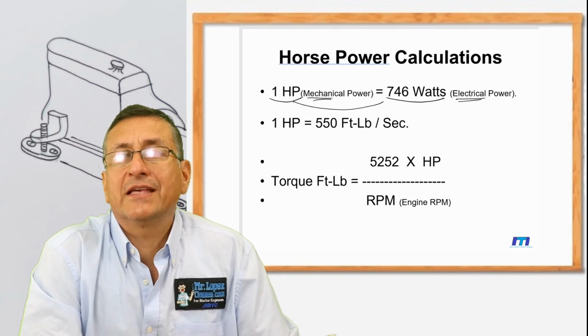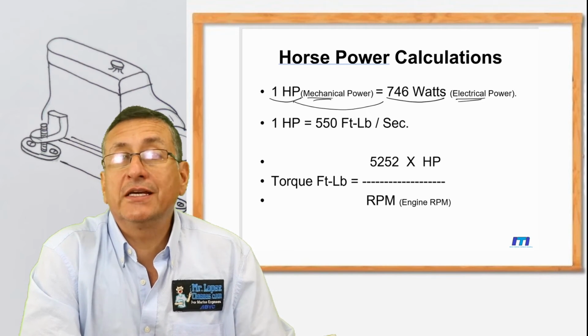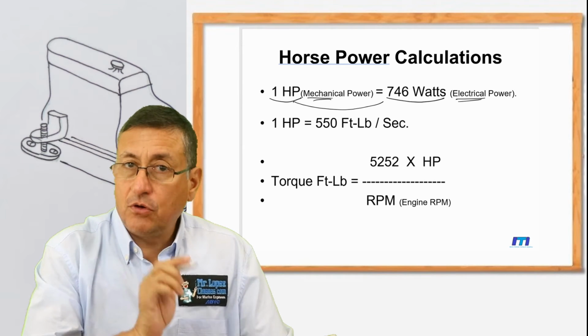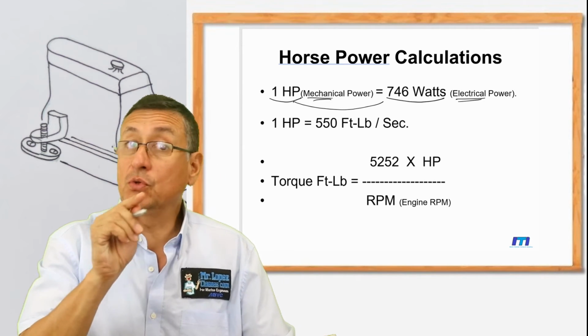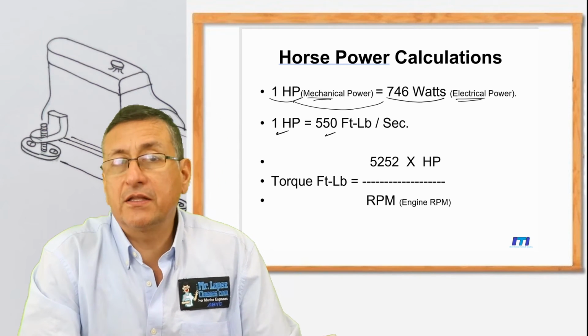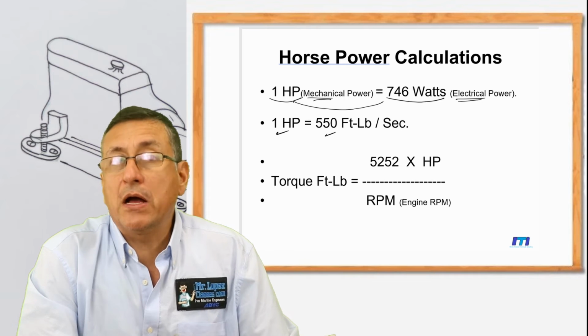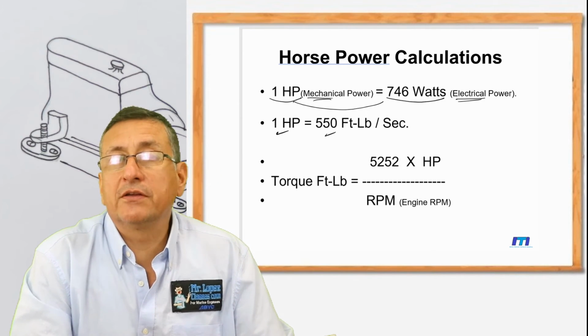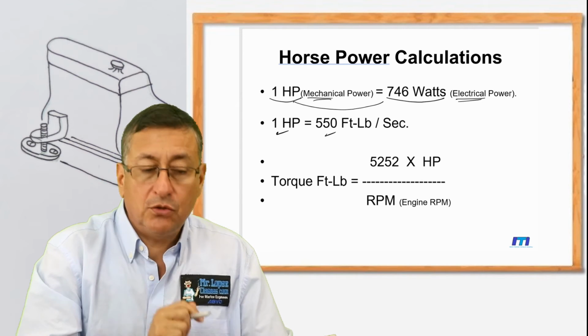And additionally, to convert horsepower into torque, 1 horsepower is equivalent to 550 foot-pounds per second. This is a good reference in order to convert horsepower into torque.